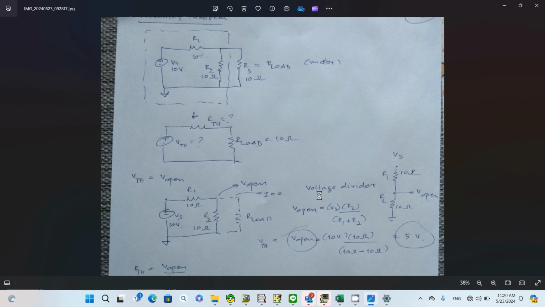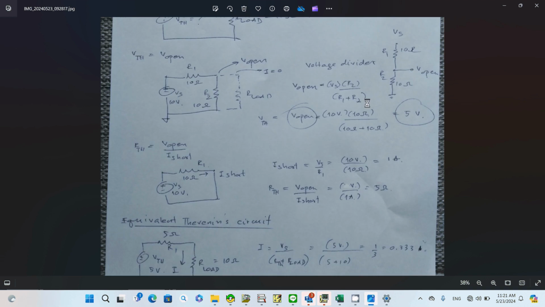Now you can apply the voltage divider. You have the voltage source, you have R1, you have R2, and this is your V open. So with the voltage divider, you simply take the source voltage multiplied by R2, this is your V open, divided by R1 plus R2. They are in series. So you have VTH equal to 5 volts.